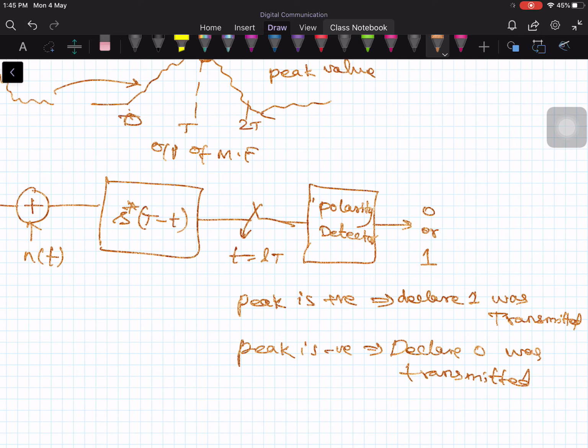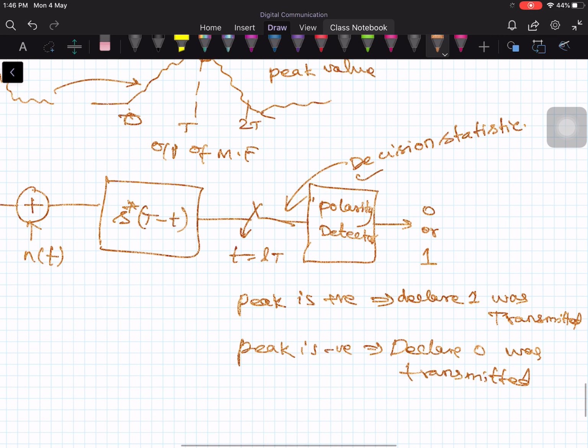Now the sampled value is called a decision statistic, on the basis of which you take a decision. This is terminology that I picked up from detection theory.